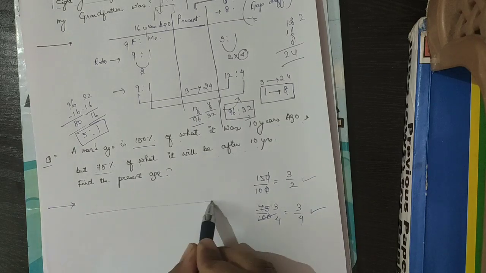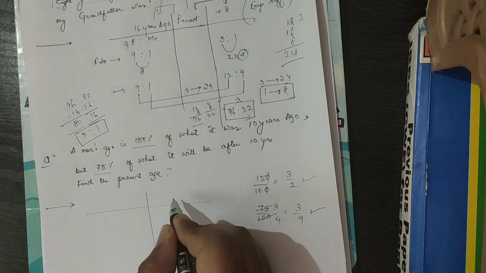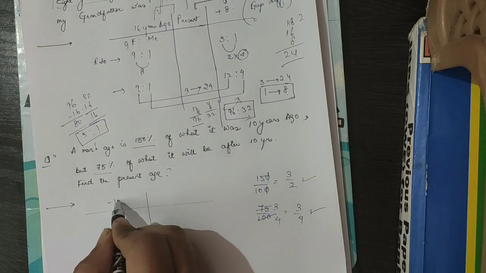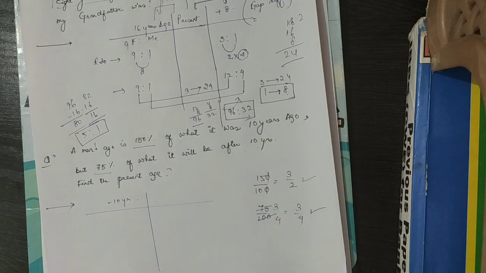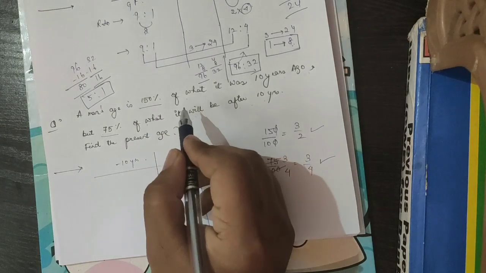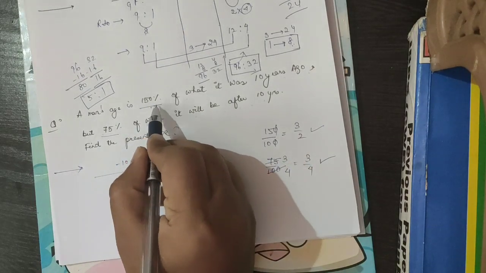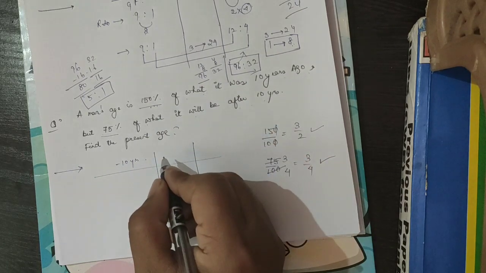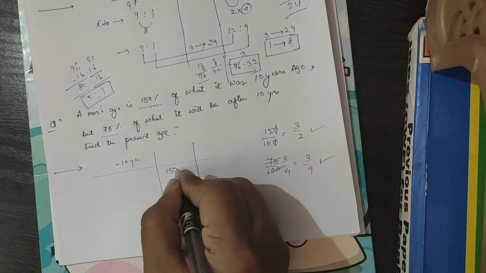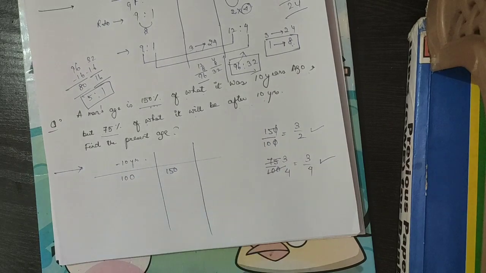So the question says 10 years ago. It says the age is 150% of what it was 10 years ago, so 150% of what was last time, right?